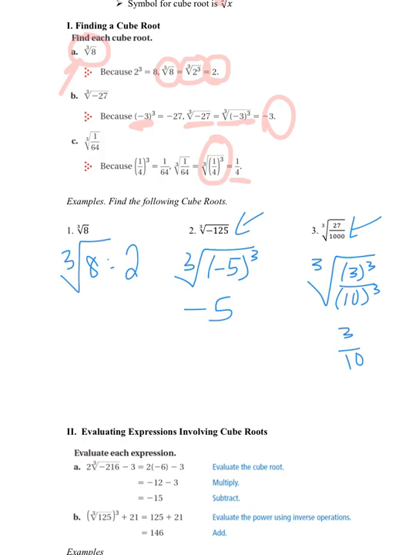So the cubed root of negative 125 is the same thing as having negative 5 cubed, and then take the cube root of that, therefore it is negative 5. The cubed root of 27 over 1,000 is 3/10.